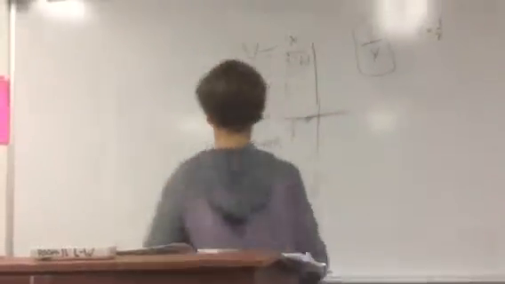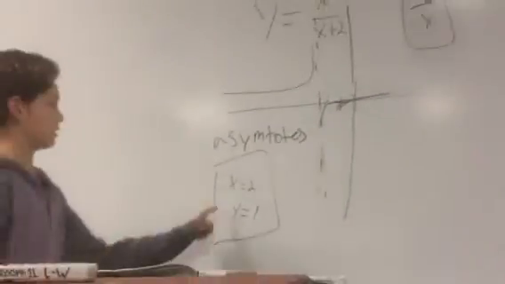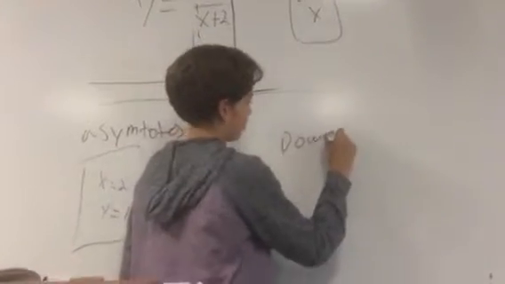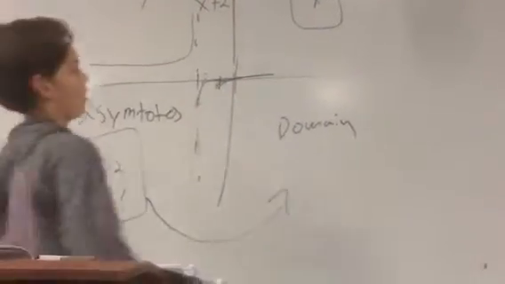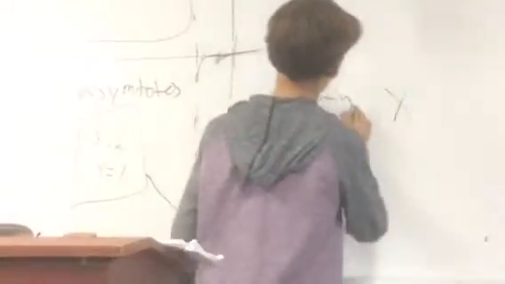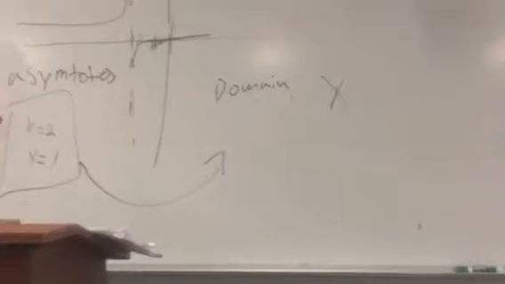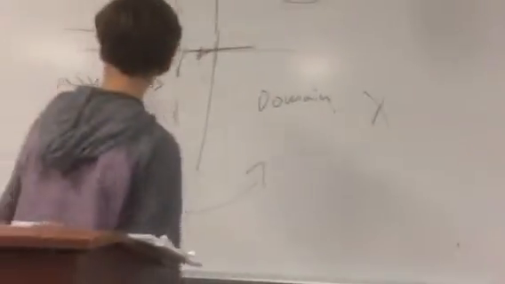Next, we're going to find the domain and range. From our asymptotes, we can easily find our domain and range. Let's start with the domain. We're talking about x, so we're trying to list all the numbers that x can equal, all the possible outputs that have a corresponding input.